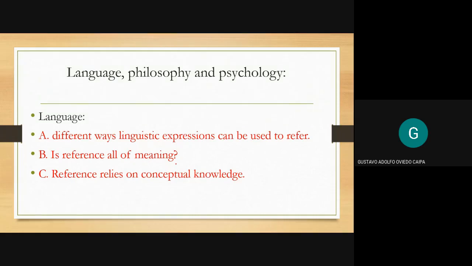And we need to figure out how reference relies on conceptual knowledge. When we say conceptual knowledge, it means concepts basically. Reference relies on concepts, but we're going to see this in much more detail in the future. So I'm not going to stop for too long on this section because we already mentioned it in the classroom.